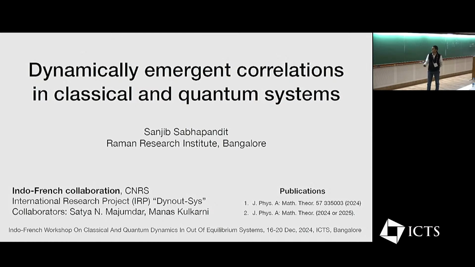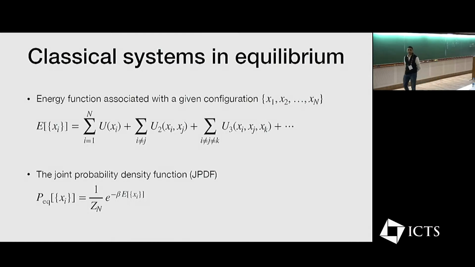Let's start with a problem which we all know, equilibrium systems. An equilibrium system is described by an energy functional. The configuration is defined by some coordinates. You can think of it as the position of a gas particle in a gas.